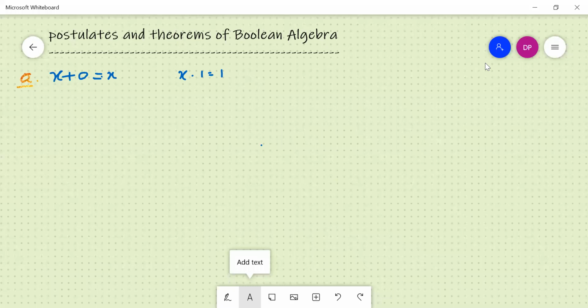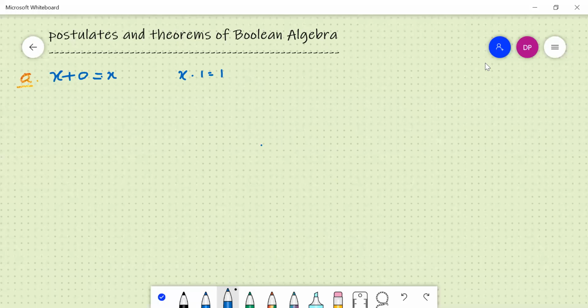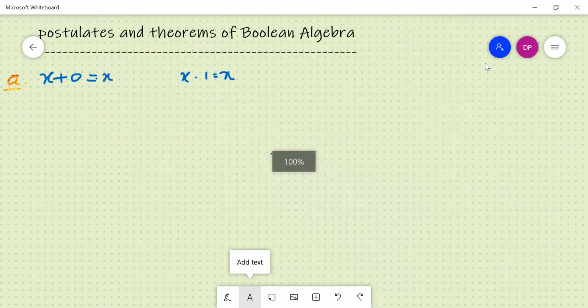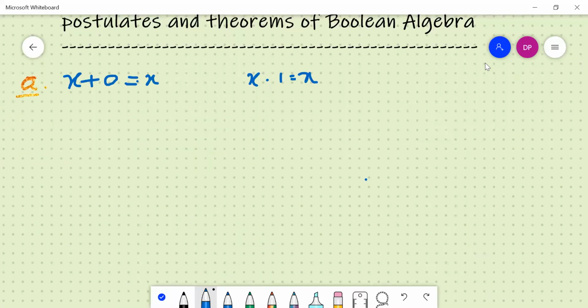So we will be getting here X, right? Similarly, we will take X plus complement of X. What will we get?